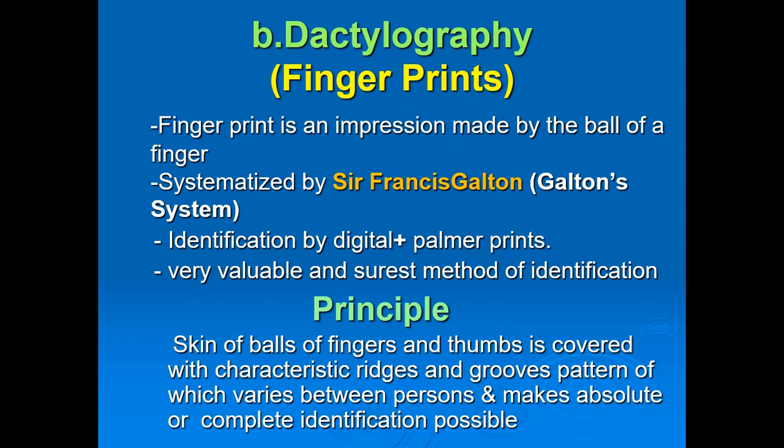Now this is, as you know, study of fingerprints, and a fingerprint is an impression made by the ball of a finger. It was first described by Mr. Purkinje, a known physiologist, in 1823, giving the first classification of fingerprints.